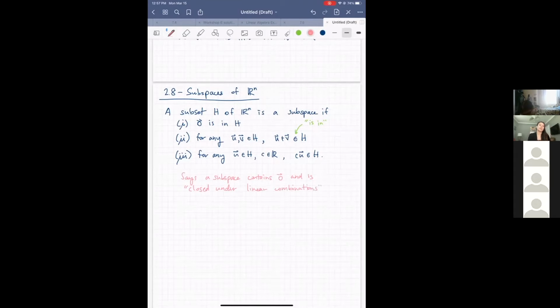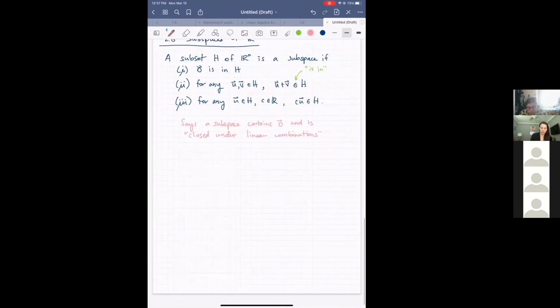So this is just a convenient way of saying that the linear combinations do not reach the outside of the subspace, right?